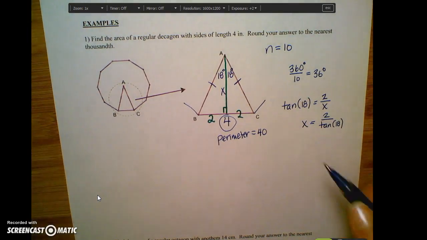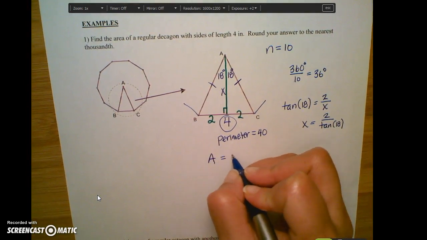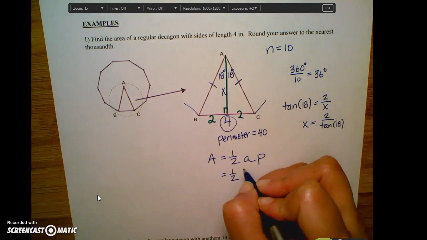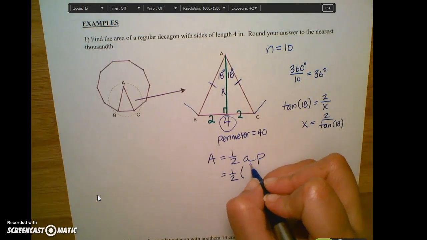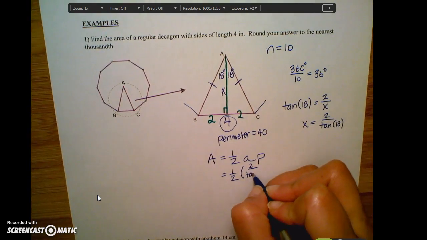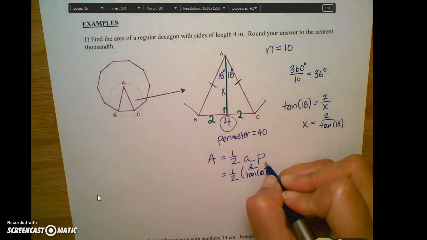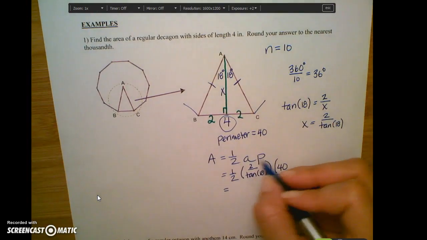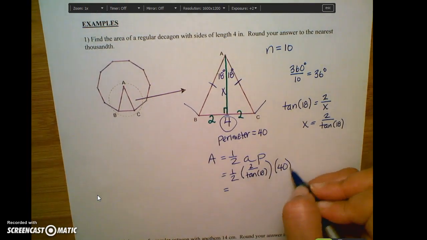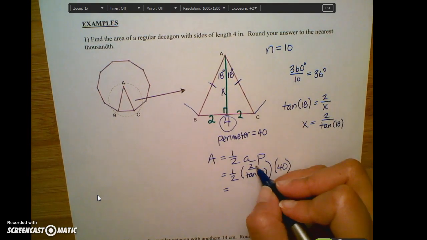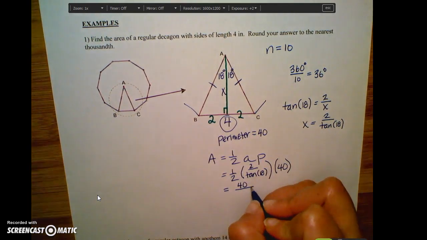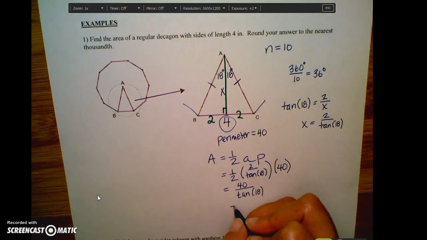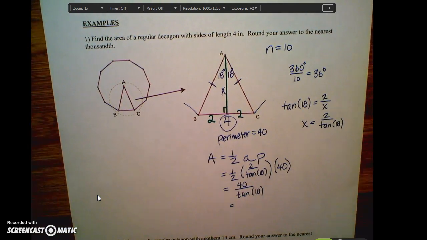I now know my area is going to be half apothem perimeter, which will be half of 2 over tan 18 times the perimeter of 40. That simplified, half of 40 will be 20. 20 times 2 will be 40, and my exact answer for the area is 40 over tan 18.